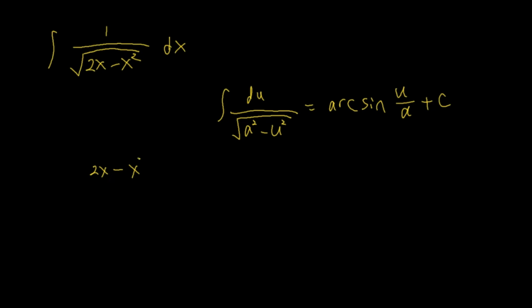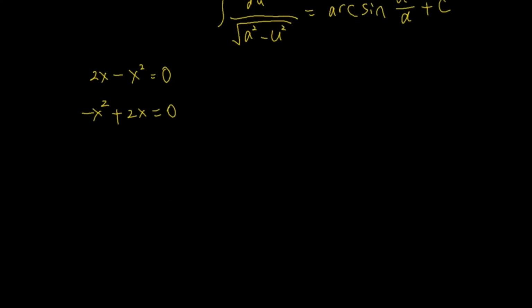Take 2x minus x squared equal to 0. We used to have the x squared term in the front and the x term at the back, so we have to rearrange this: negative x squared plus 2x equal to 0.